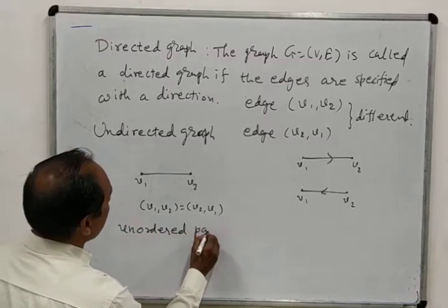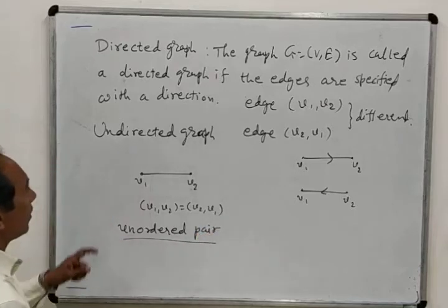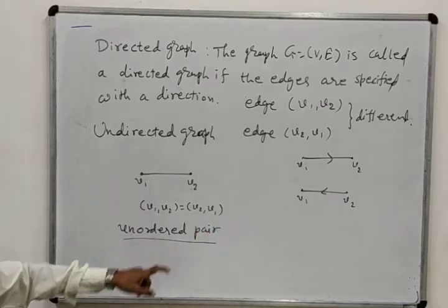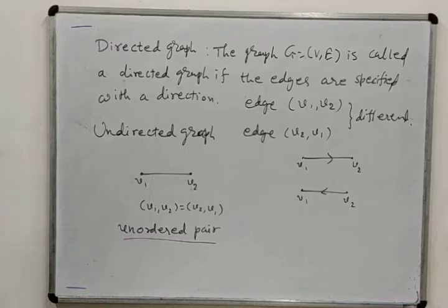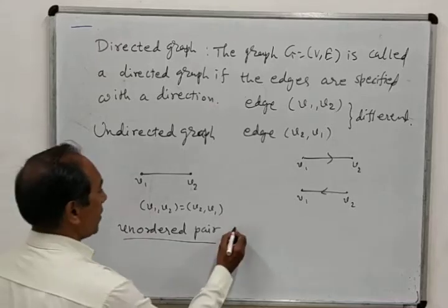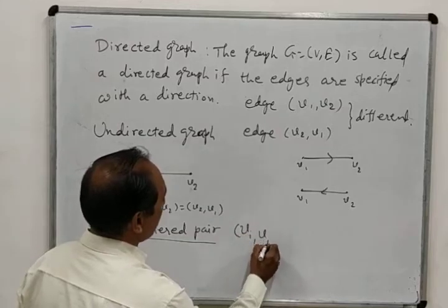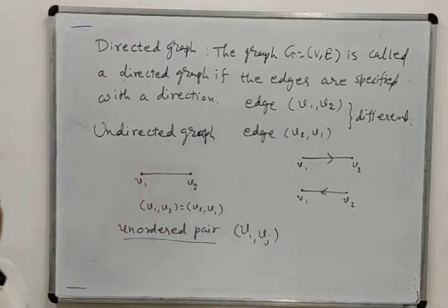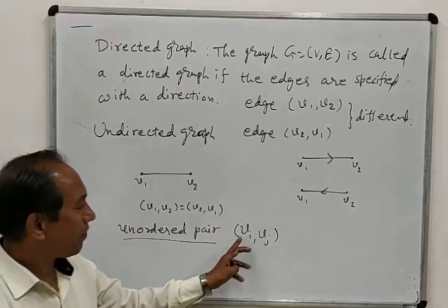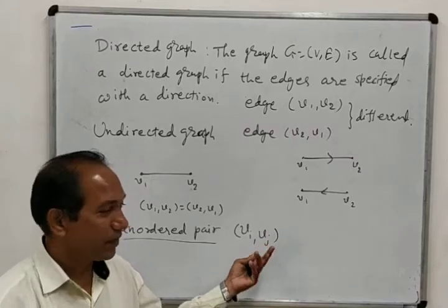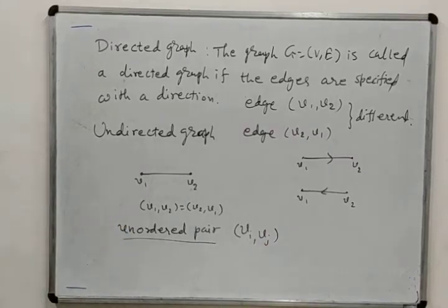The edges are denoted by an unordered pair (vi, vj), the general notation for the vertices vi and vj. Ordered pair means the order of vi and vj is important, so (vi, vj) and (vj, vi) are different. You must understand this and note it down.